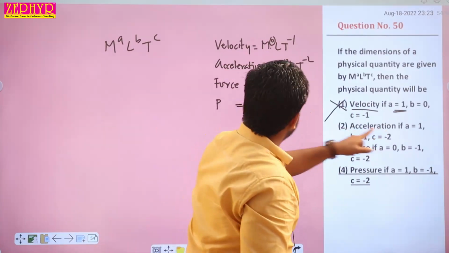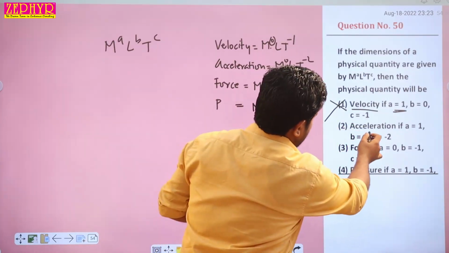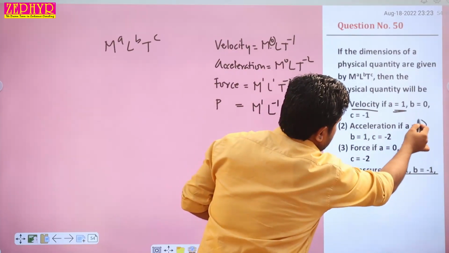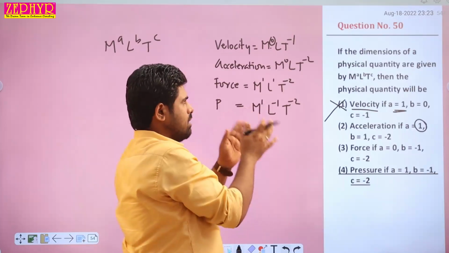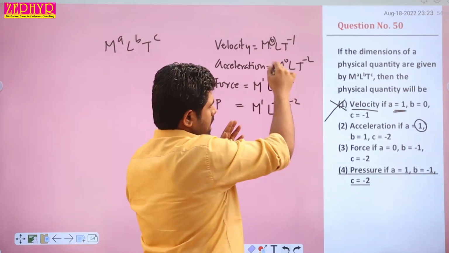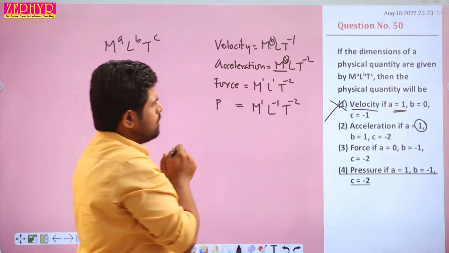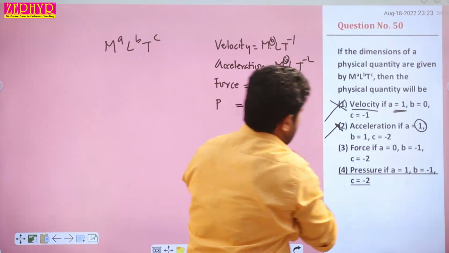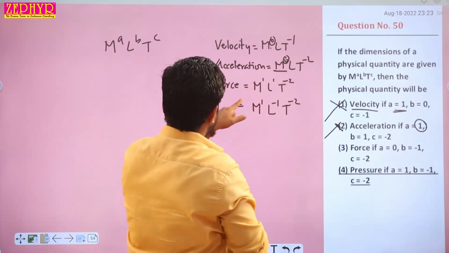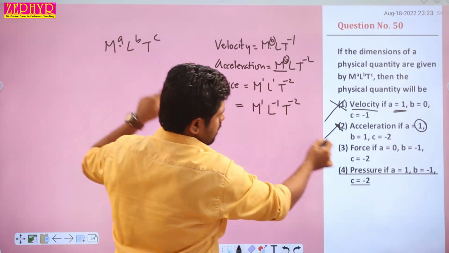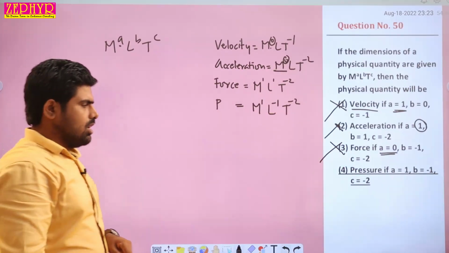Then for acceleration, option 2 gives a equal to 1, but actually the mass is in the order 0, so this one is wrong. And the third one, force: a is equivalent to 1 in reality, but here a is equivalent to 0, so again the third option is wrong.